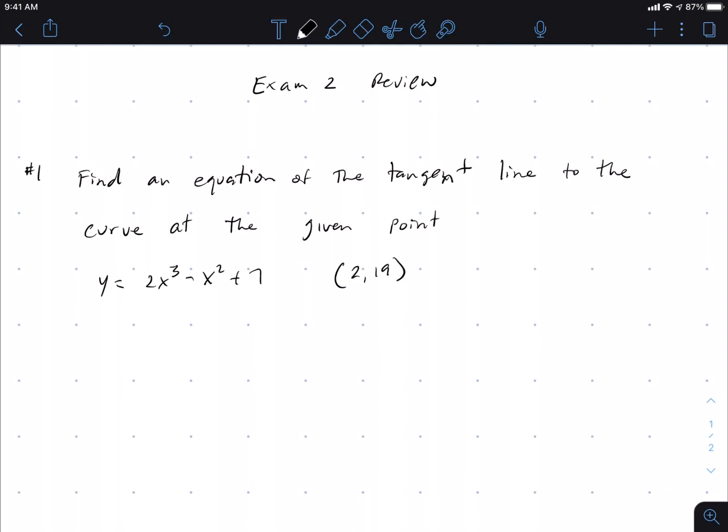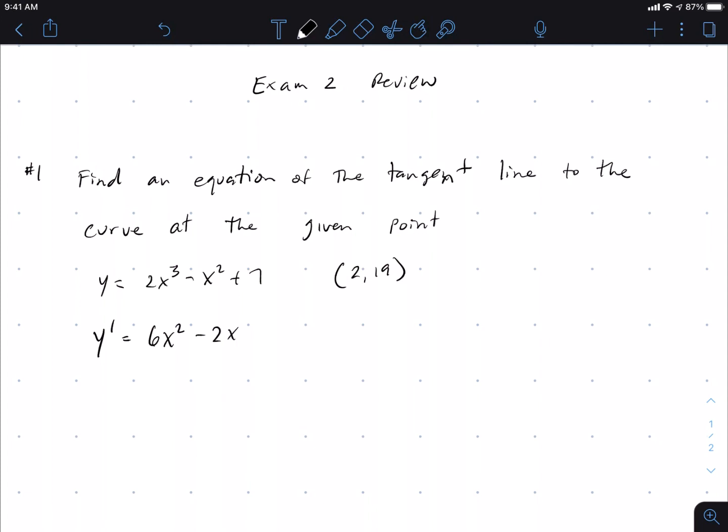So if we want to find the equation to the tangent line, what do I need to do? What do I need first? Anybody? That's right, we need a derivative, right? So I'll take the derivative of this, and so I'm going to get y prime is equal to 6x squared minus 2x, right? But I need the slope.